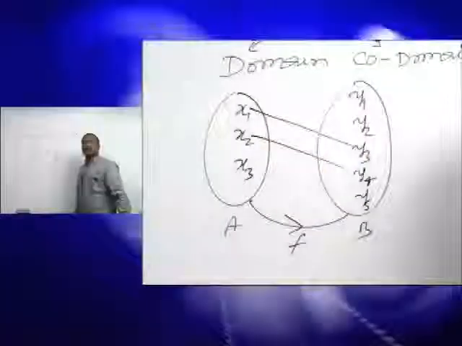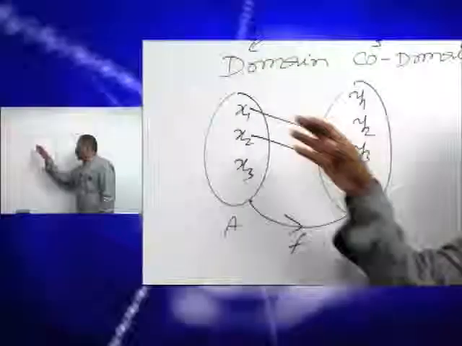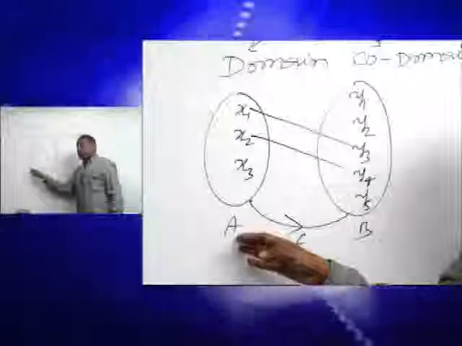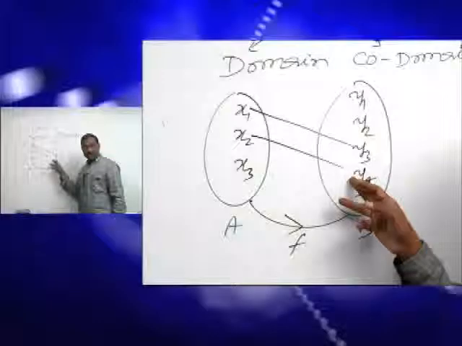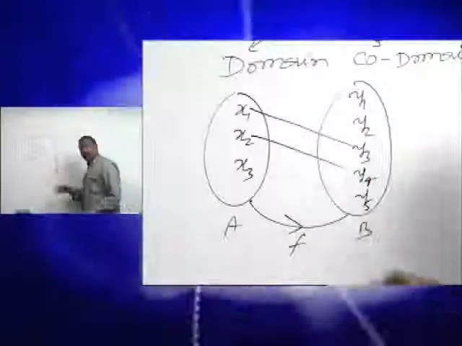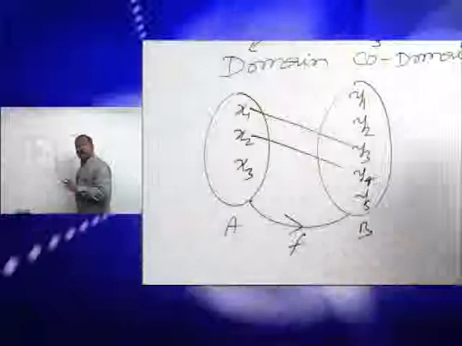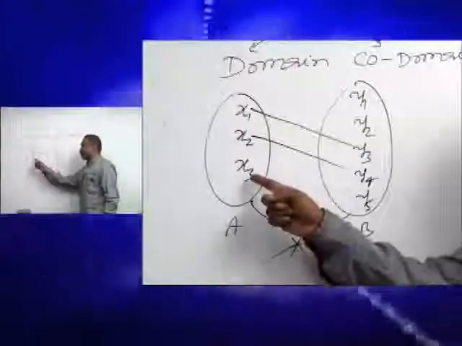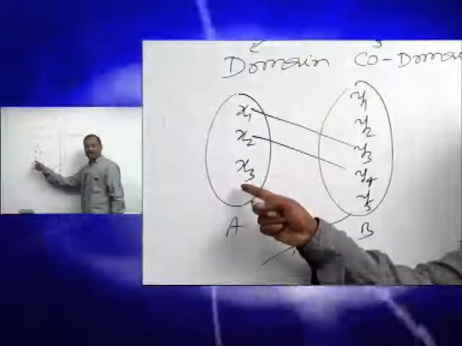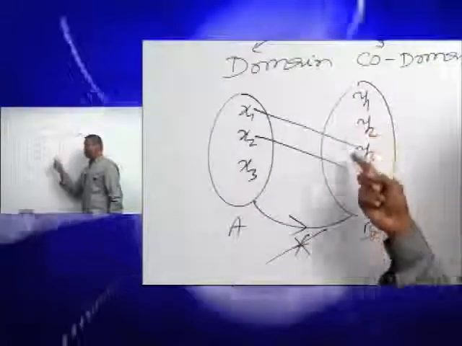Understand, every element of the domain must have exactly one and only one association with the set B, and this is not a function. That's what I'm explaining. If any element is left without association, then it is not a function.